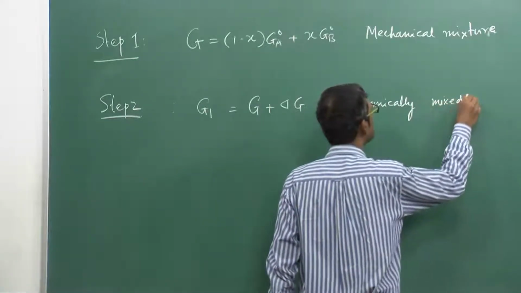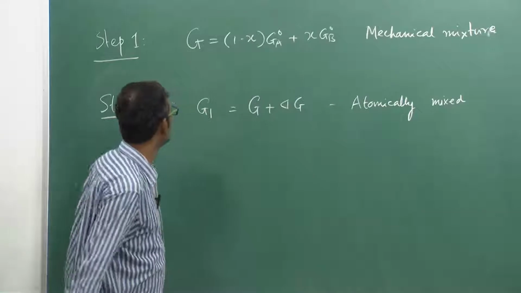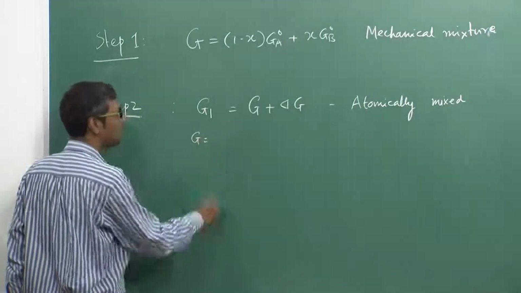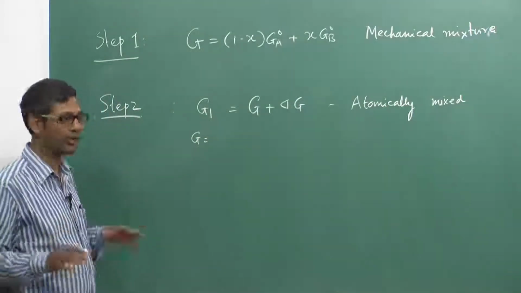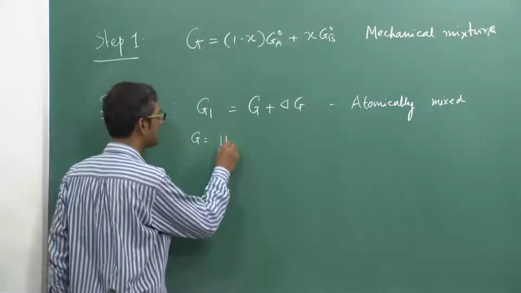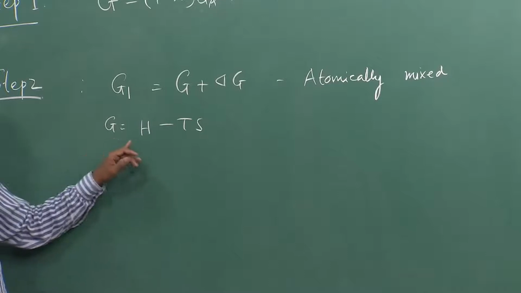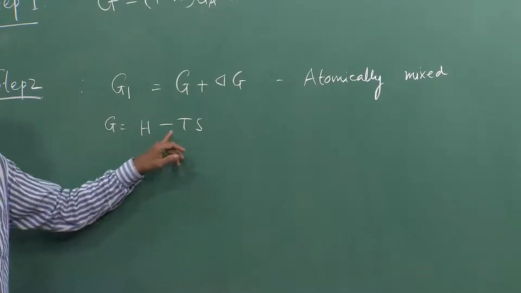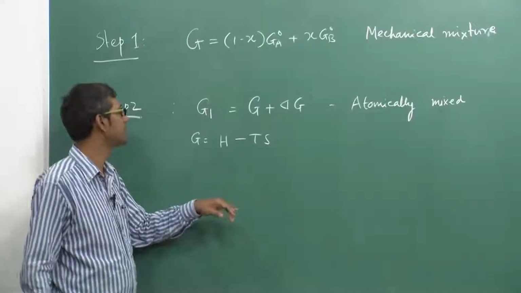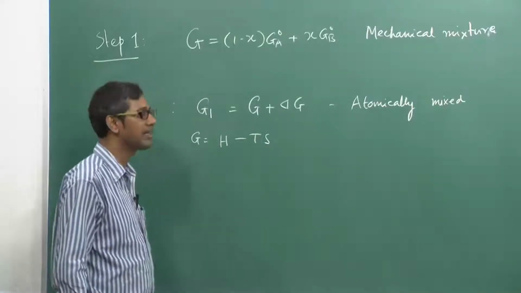So, what is happening if I mix atomically? We know that G is given by H minus TS, where G is the Gibbs free energy, H is the enthalpy of the mixture, T is the temperature and S is the entropy.